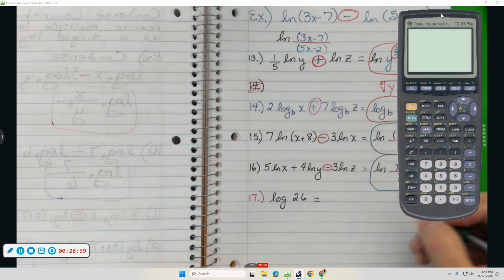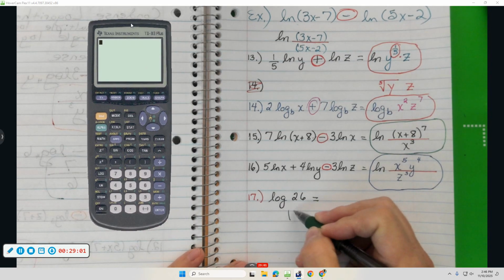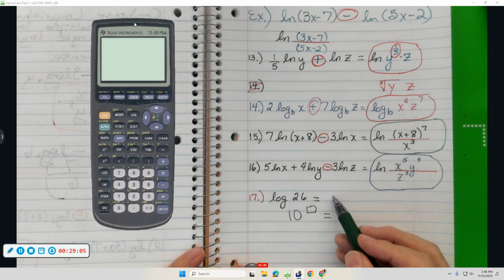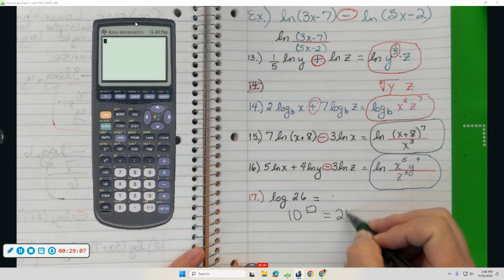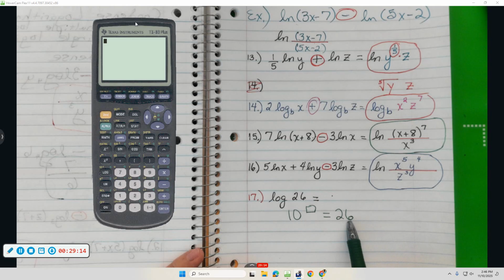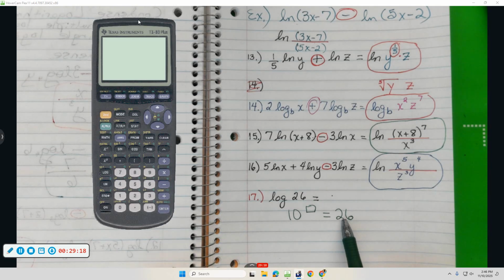So here's what they're asking for. 10 to what power is equal to 26? Well, 10 to the first power is 10. 10 squared is 100. 26 is between 10 and 100. So this number here has to be between 1 and 2. But it's an irrational number.